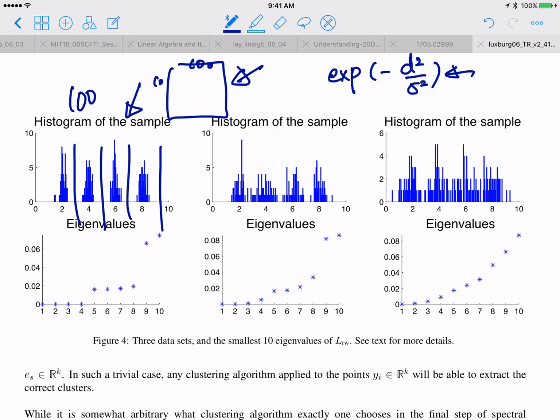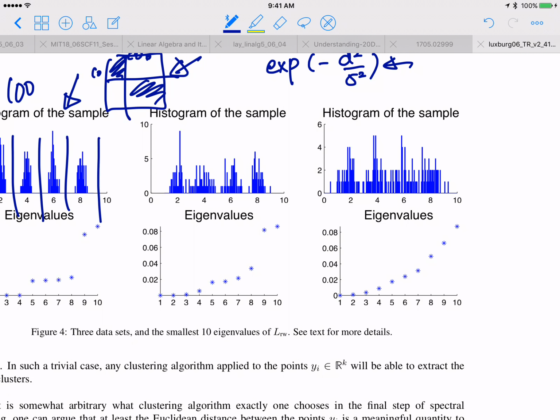So you no longer see this kind of subgraph in your graph, right? So in this case, your pattern of eigenvalues after performing the eigen decomposition on the Laplacian matrix will have this kind of pattern.